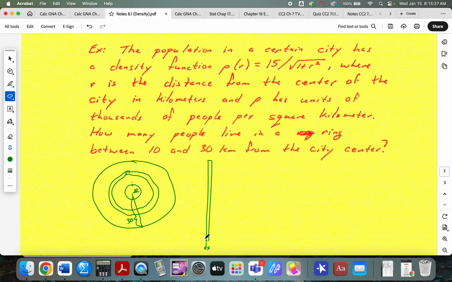And what is this distance going to be? Okay. I've taken this circle and straightened it out. It's the circumference, exactly right. And the circumference is going to be 2 times pi times r.